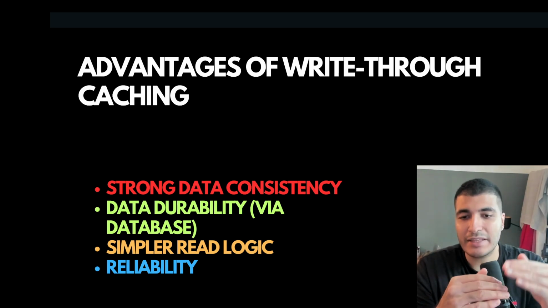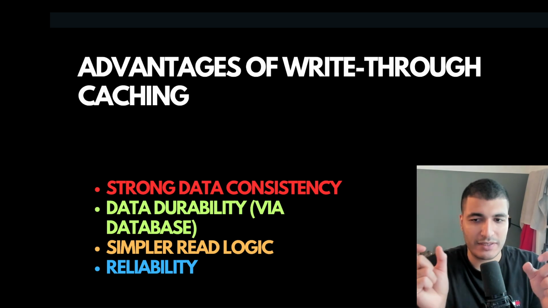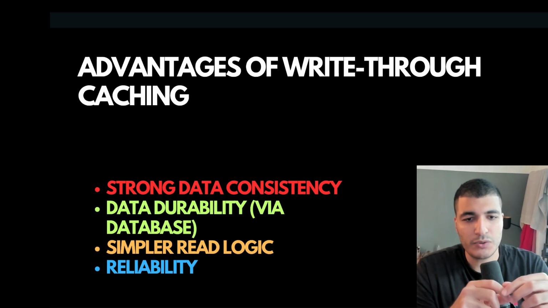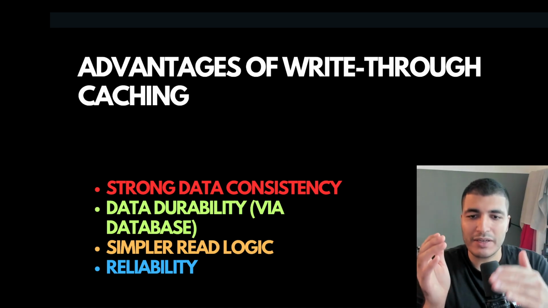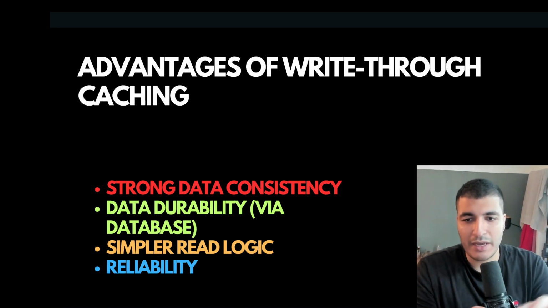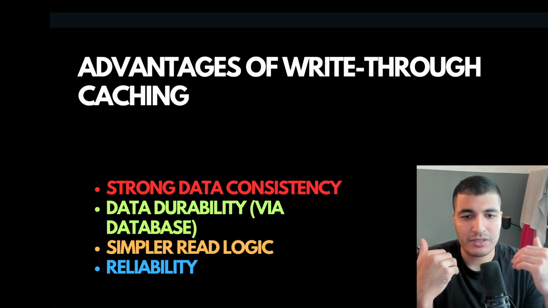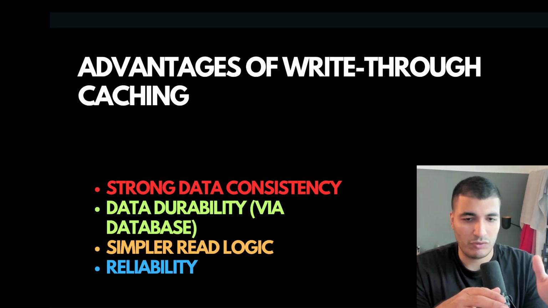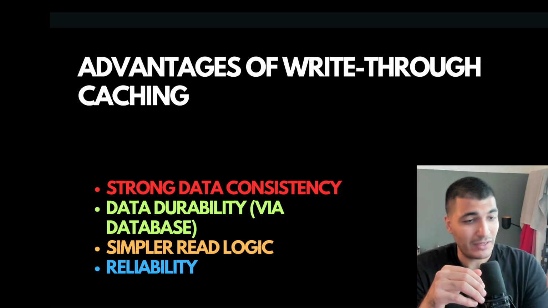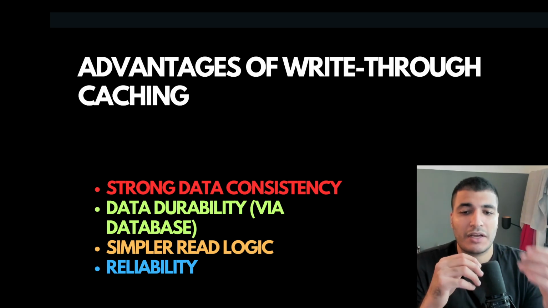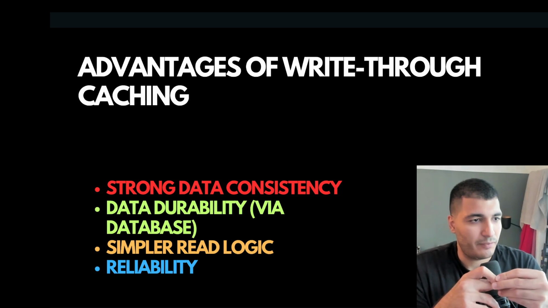The cache and the database are almost always in sync. This greatly reduces the chances of serving stale data from the cache on subsequent reads. If a read request comes in right after a write request, the cache will have the fresh data.